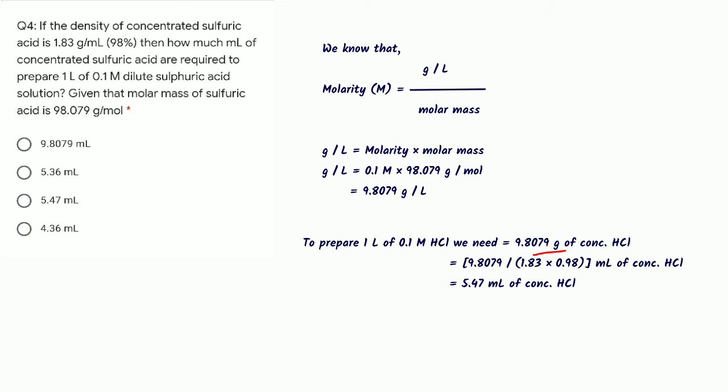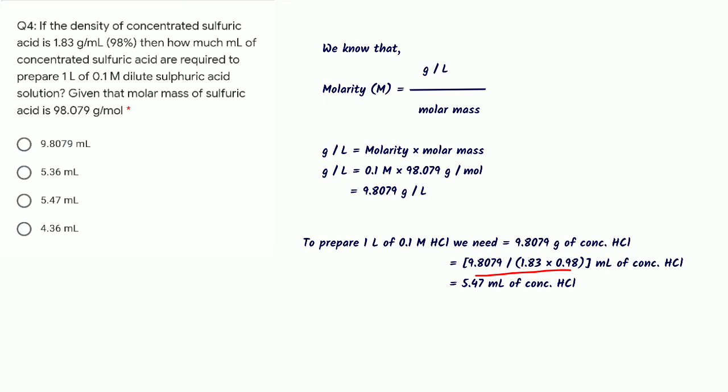But here we have to find out how many ml of that concentrated sulfuric acid is required. That means how much volume. So we can convert this mass into volume by using the density formula, density is equal to mass per volume. So volume V is equal to the mass divided by density. The mass is 9.8079 gram divided by density, which is 1.83 gram per liter.